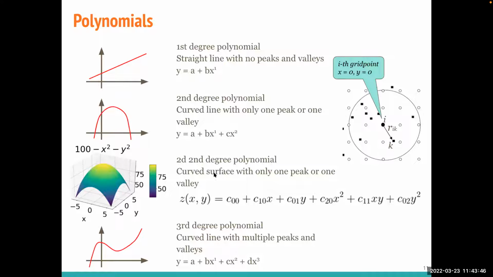a curved surface. The curved surface should contain all the points in here. The height of the surface here is the value for your variable for this region, okay?